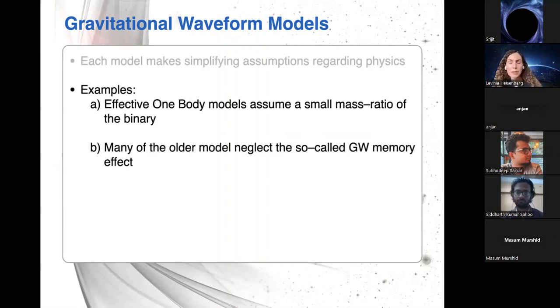For example, effective one-body models assume a small mass ratio of the binary, and many of the older models completely neglected the gravitational wave memory effect, and so on. So sometimes these models can even lack very important physics involved in these mergers.